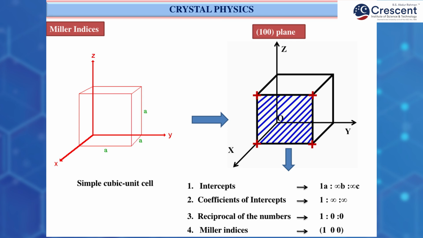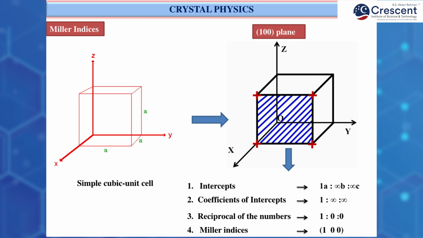If the plane is parallel, you know the intercept is infinity. So it intercepts the x axis at a, the y axis at infinity b, and infinity along the c axis. So you take the coefficients of the intercepts along x, y, z. Can you see the coefficients? 1, infinity, infinity. Then you find the reciprocal of the intercepts, because the reciprocals of the intercepts are nothing but the Miller indices.